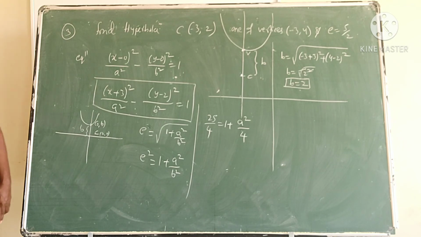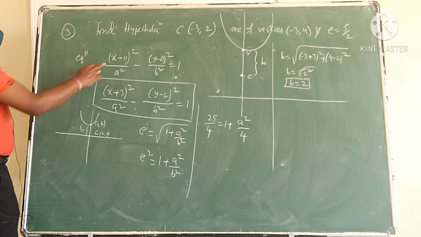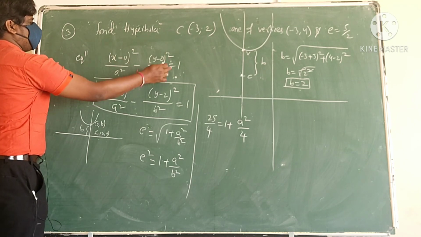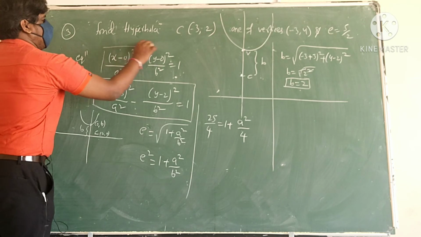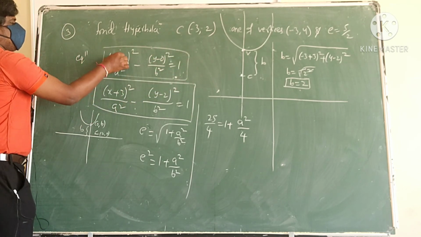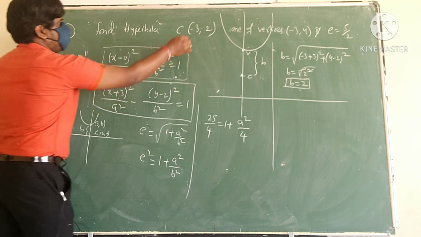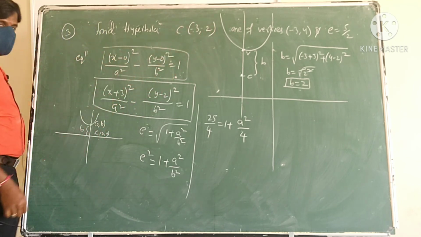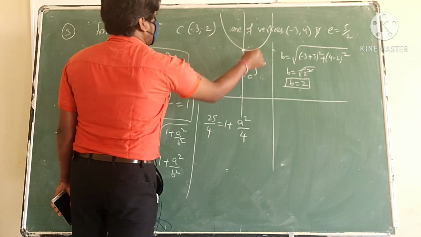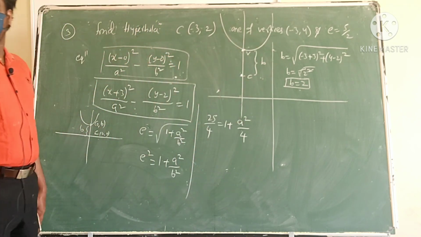Are you getting what I said? You have a center, so x minus 0 whole square by a square plus y minus 0 whole square by b square equal to 1. This is the standard ellipse, sorry, hyperbola. But the center is given, so you get plus 3 and minus 2, because the center is minus 3 comma 2. You know that the distance from center to the vertex is b here, the conjugate axis.